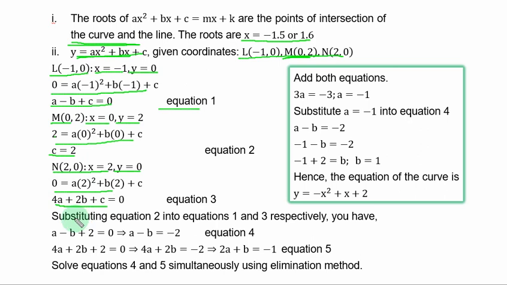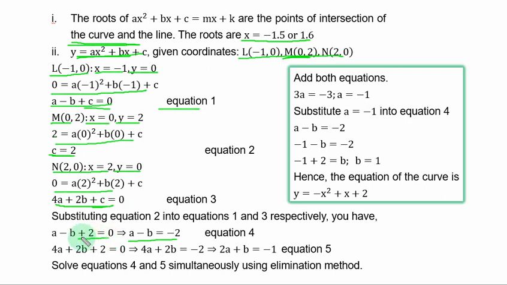Okay, so you substitute equation 2 into equation 1 and 3. That is, you want to replace c equal to 2 in equation 1 and equation 3. So if you do that, you get this equation. From equation 1, you have a minus b plus c, that is 2, equal to 0.